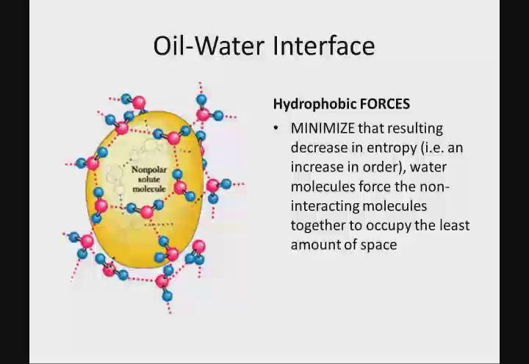Because at that interface, you're going to have to order the water molecules so they can satisfy their positive and negative interactions. And that order wants to be minimized because of the second law of thermodynamics. Right? So if we force more order into the system, we don't want to go in that direction. Rather, we minimize the order we've introduced to the system by separating the water and the oil.